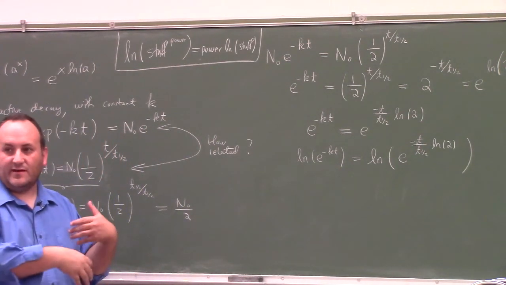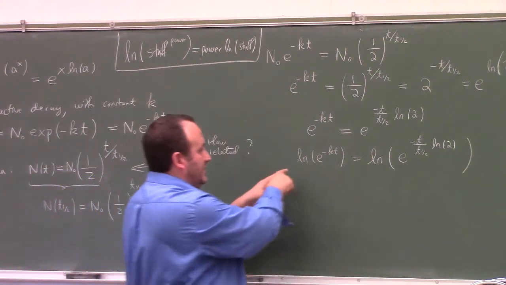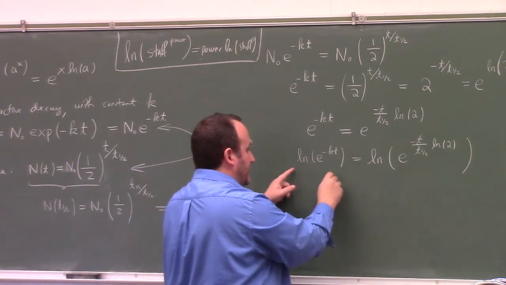Remember, natural log of e to the whatever is whatever. So the e and the natural log cancel out in the sense of function composition.